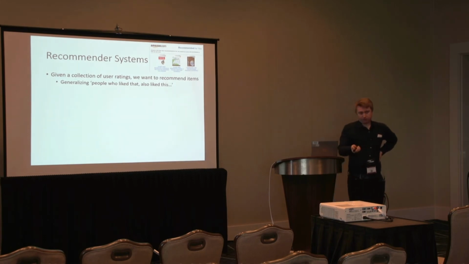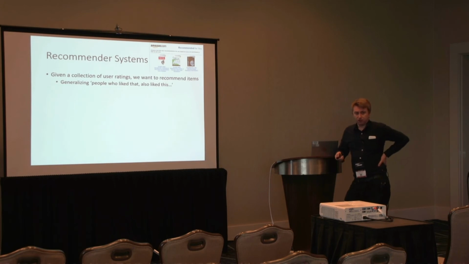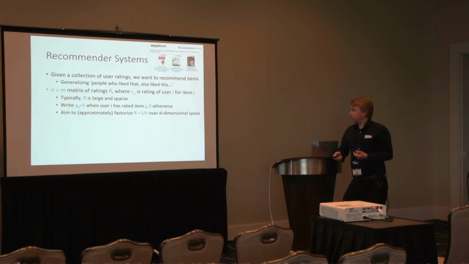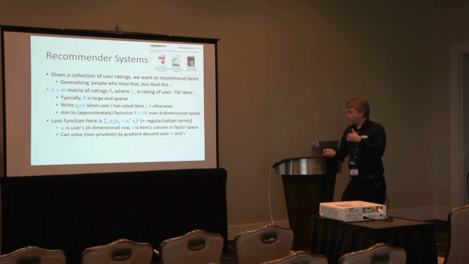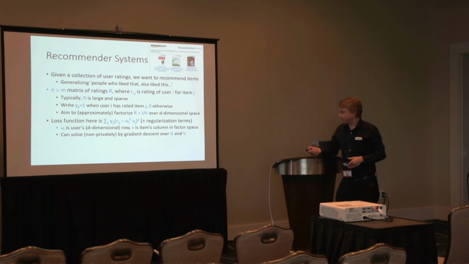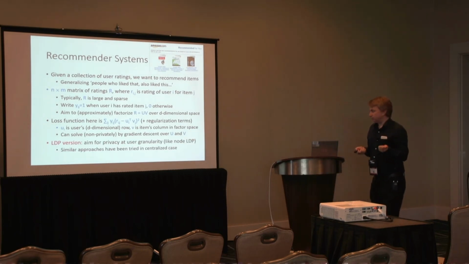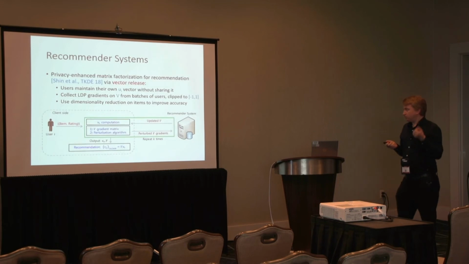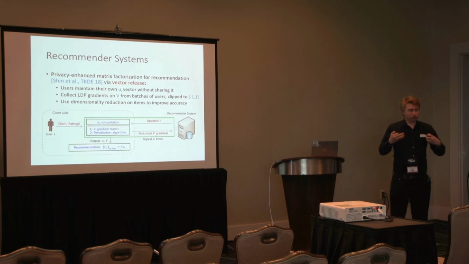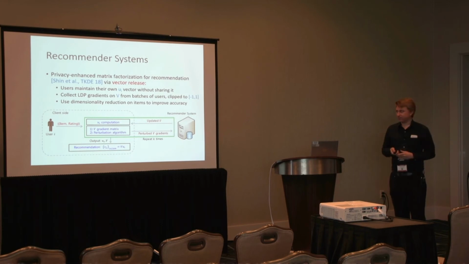I'll just say one very brief thing about recommender systems, which is another kind of machine learning problem where you need to take some time to set up the problem. But once you work through all of the algebra, once you work through the structure of this problem, what you get to is something similar to before, which is you want to take a current model and incrementally update it based on some kind of gradient descent approach.